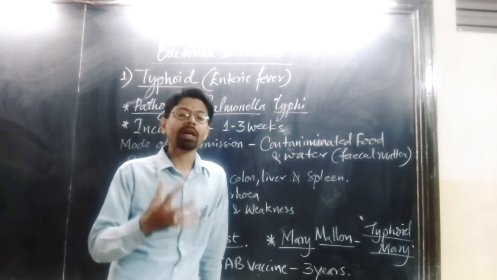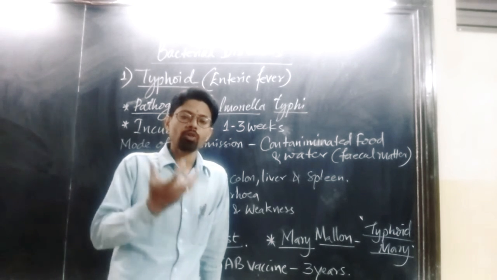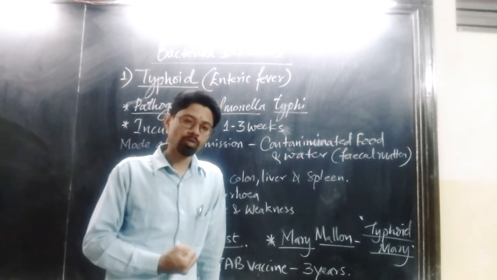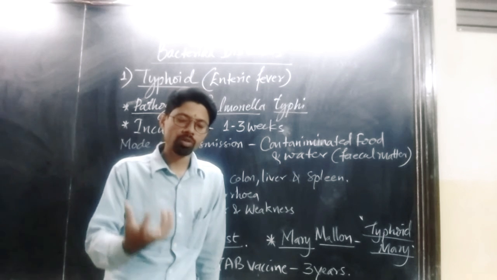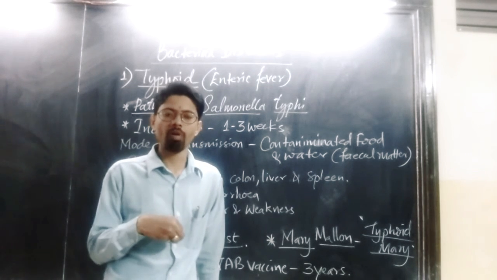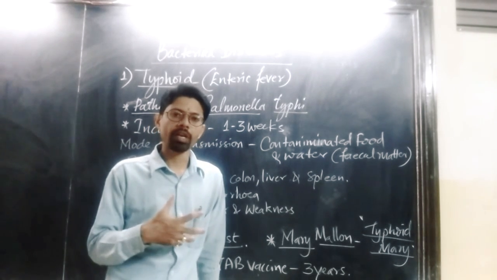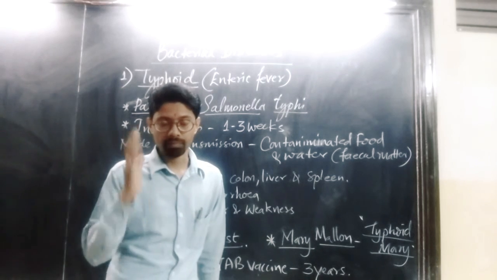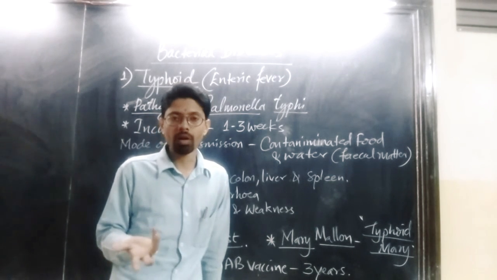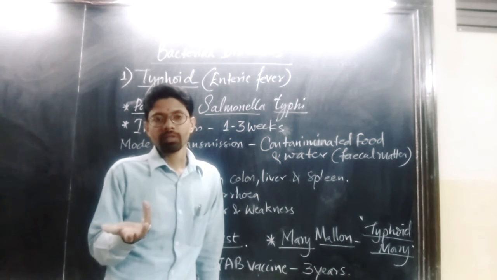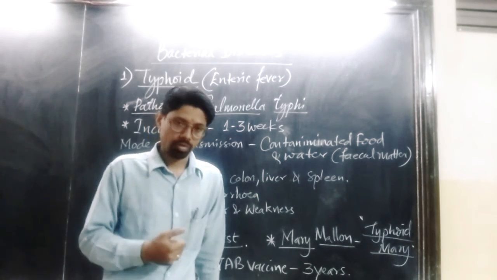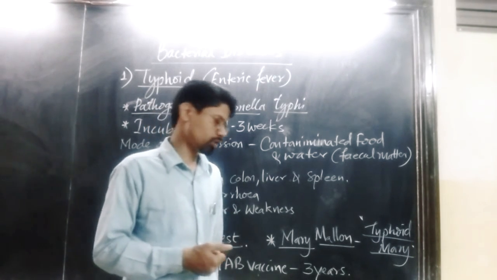Many people act as carriers. They do not show any symptoms of the infection, but those organisms are present in their body without affecting them. They are called reservoirs, or silent hosts. Silent host is another word used for them.